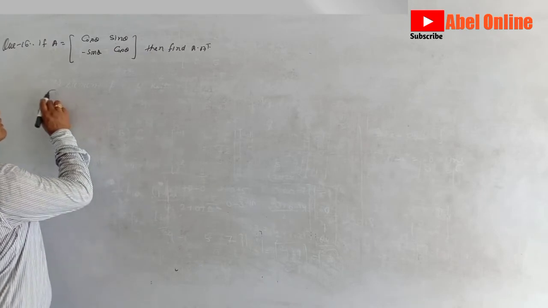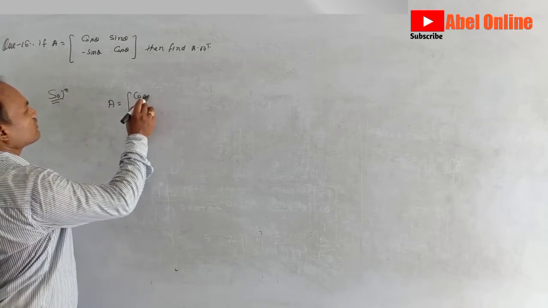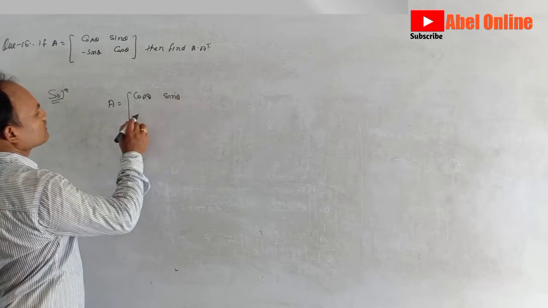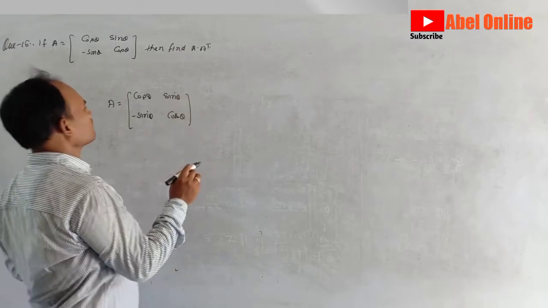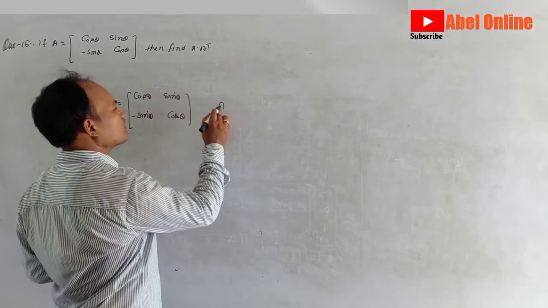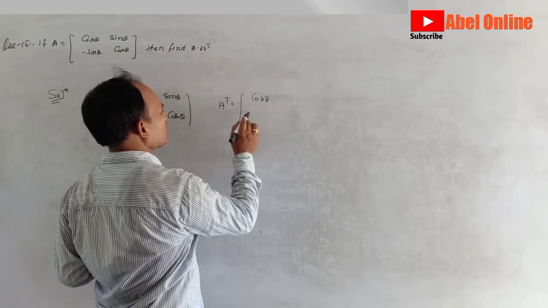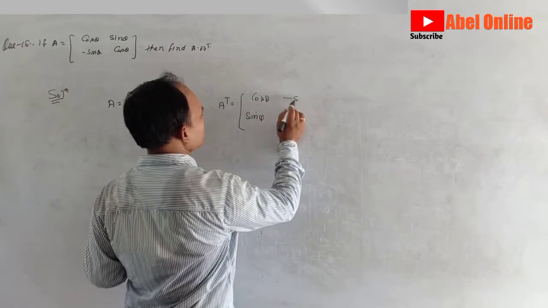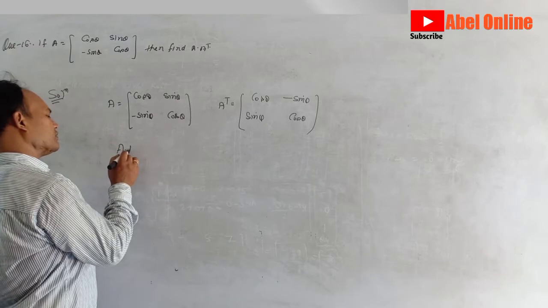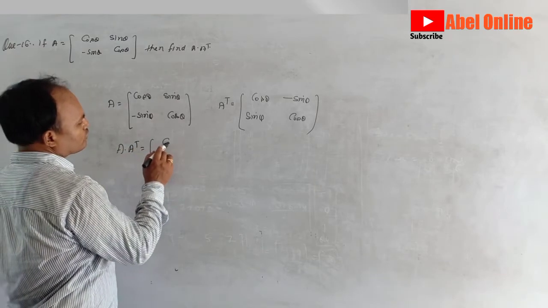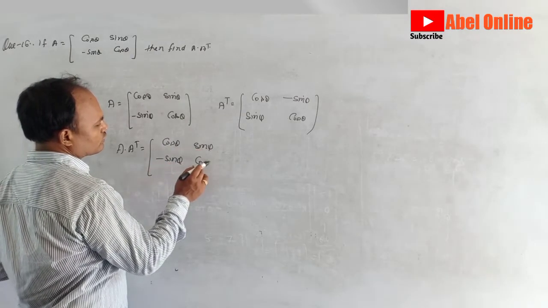When we are saying about the solution, A is given, that is cos theta, sin theta, minus sin theta, and cos theta, and A transpose equal to, just convert rows to columns, columns to rows, so it is cos theta, sin theta, minus sin theta, cos theta.